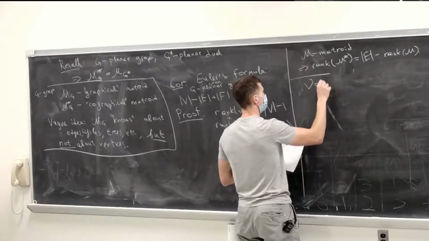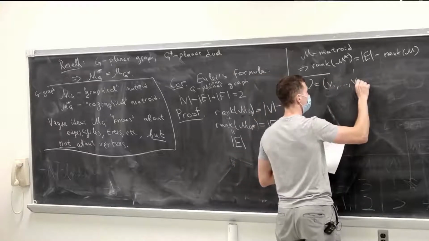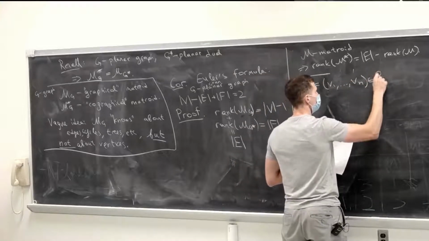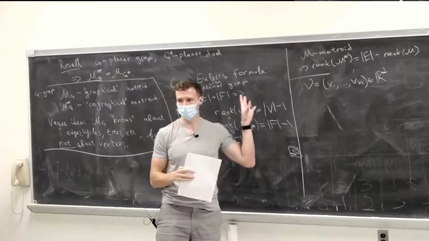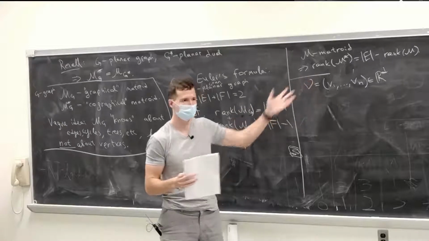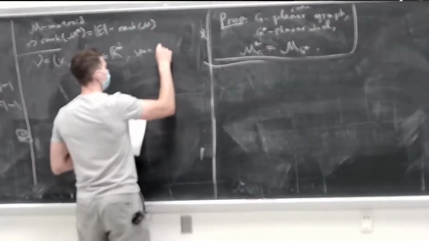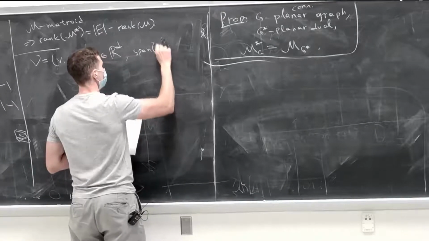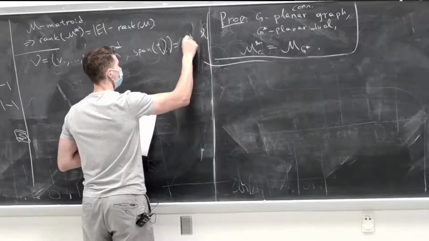So let's say V is a configuration of vectors. I'm assuming that all my graphs are connected. I'm also assuming that all my vector configurations span R to the D, so the span of V is R to the D.